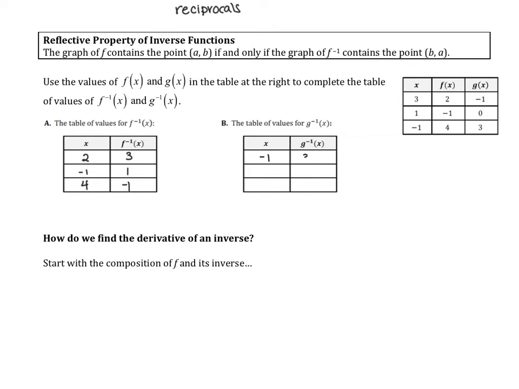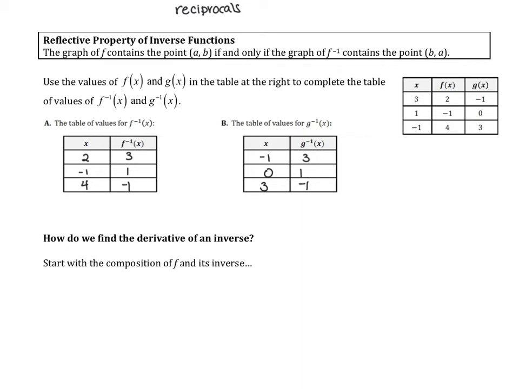We would have -1, 3, 0, 1, and 3, -1. In both of these cases, you'll notice that the domain from my original function, 3, 1, -1, becomes the range of my inverse function. Okay, keep this in mind, because as we start to look at finding the derivative of the inverse, this will help.